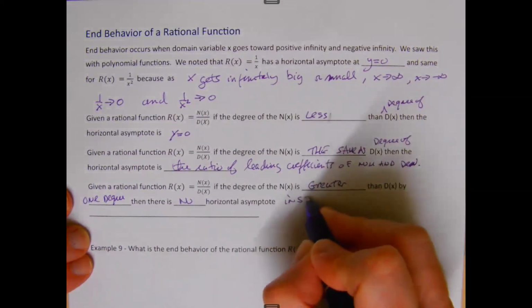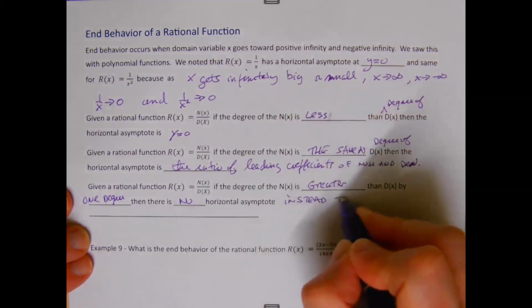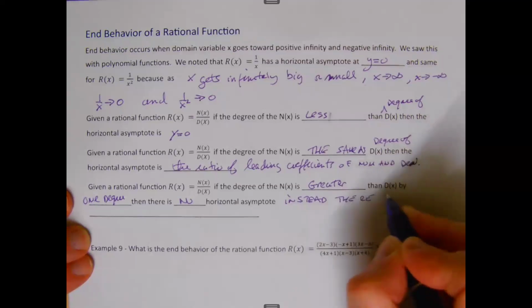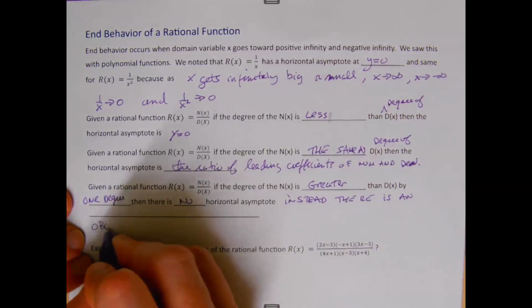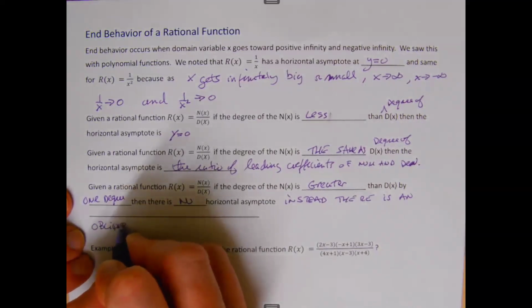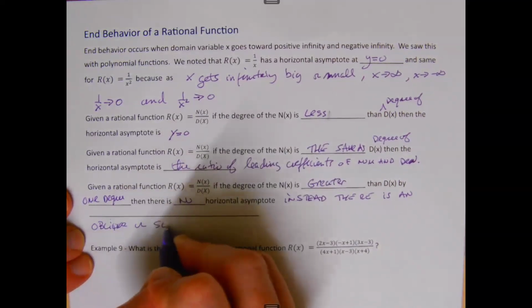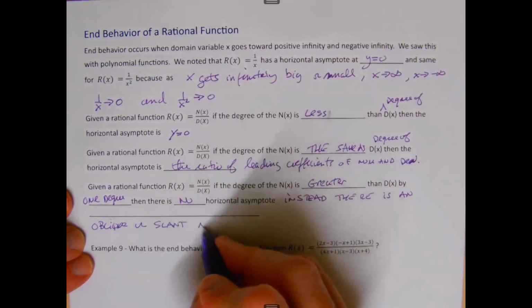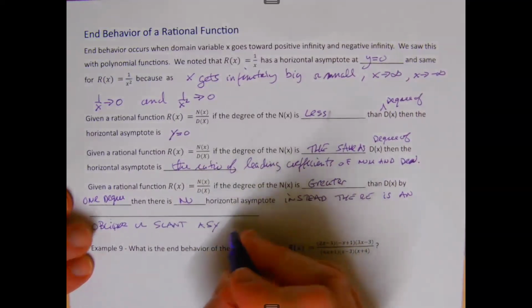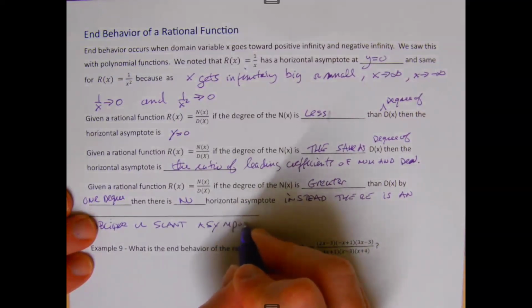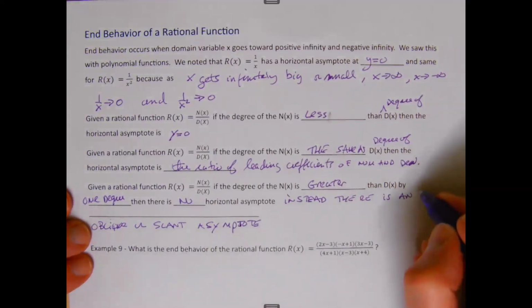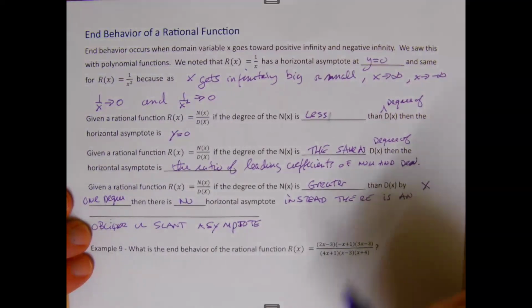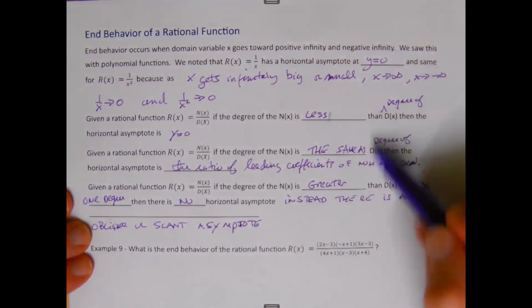Instead, there is what's called an oblique, or slant, asymptote. So it's neither vertical nor horizontal. It's at a slant. Okay. So we're not going to deal with this. We're just going to look at these two cases here.